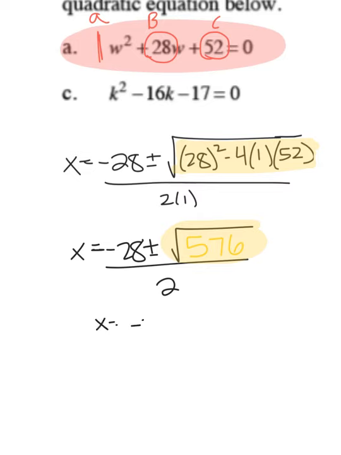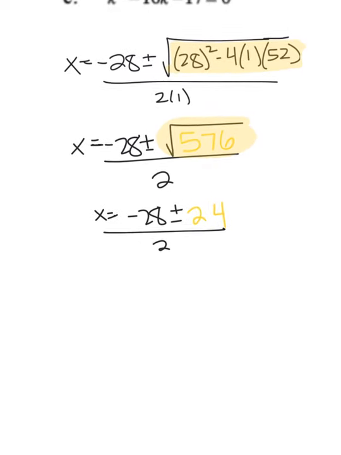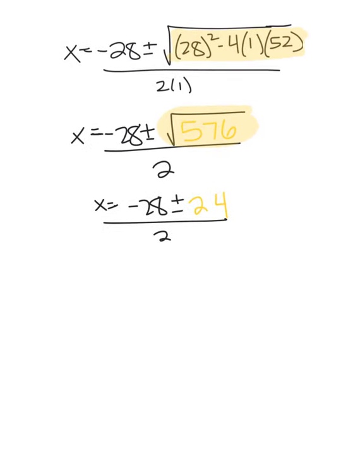X equals negative 28 plus or minus, and the square root of 576 is 24, all over 2. That's where we split it apart into 2 problems.